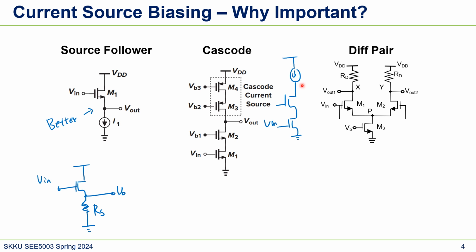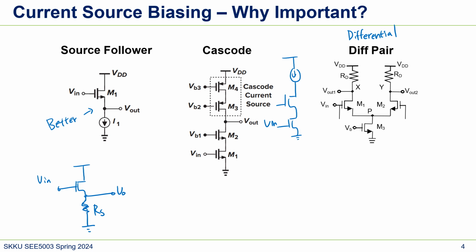So we also need this current source in the cascode and the differential pair. We haven't learned this yet. This is differential. In this amplifier, you see that there are 2 inputs and then an output. So it works as differential, but for that we need this current source.